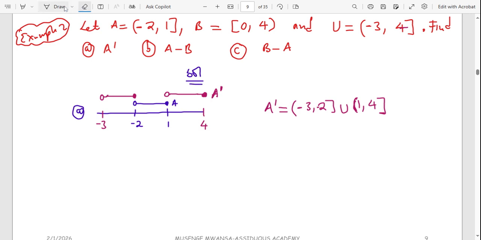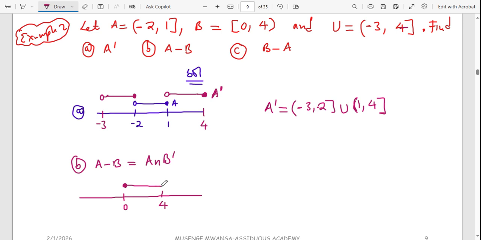Now let's do the next one, which is A minus B. Remember, A minus B is the same as A intersection B complement. So in other words, I need to know the set B complement first. So let's go on our number line. Our set B is from 0 up to 4. 0 is being included. 4 is not being included.